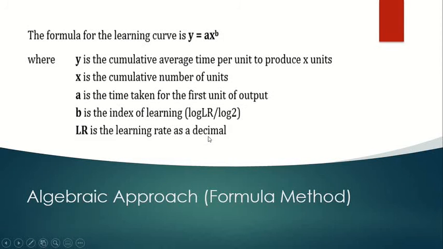When you are using this log, remember that we want to use the learning rate as a decimal number, which means if our learning rate is, let's say, 90%, we put 0.9. If it is 80%, we put 0.8. Understood? So likewise, we want to use decimal numbers for our learning rate.